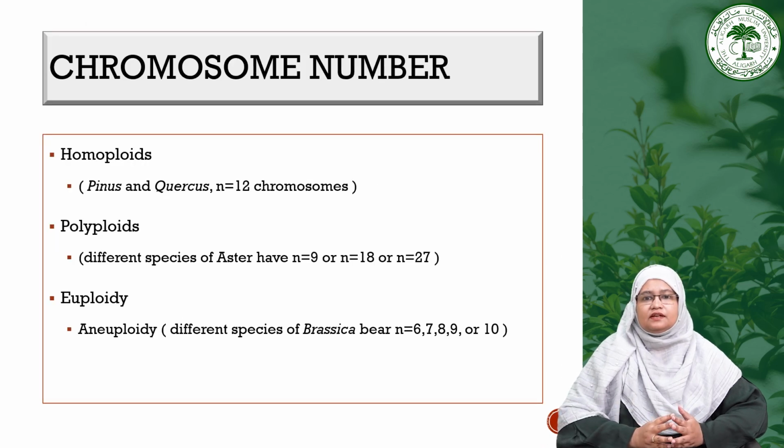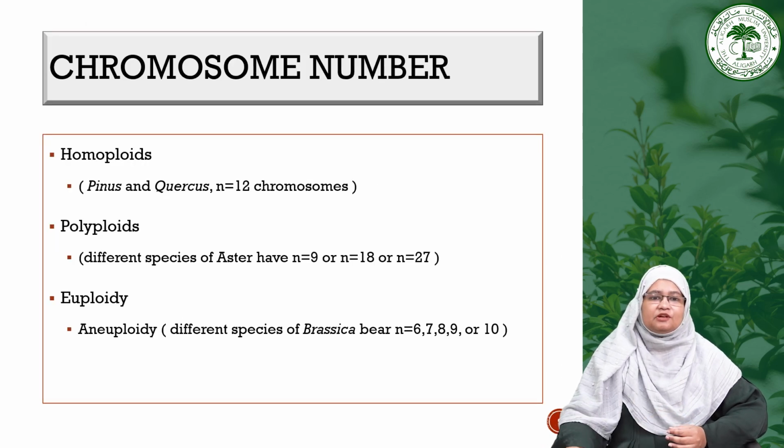Similarly, if we see the chromosome numbers, many plants are homoploids like Pinus and Quercus, which have a chromosome number of 12. Then polyploids like different species of Aster have a chromosome number of 9, 18 or 27. As we can see, there is also a series with 9 as the denominator in all the species of Aster.